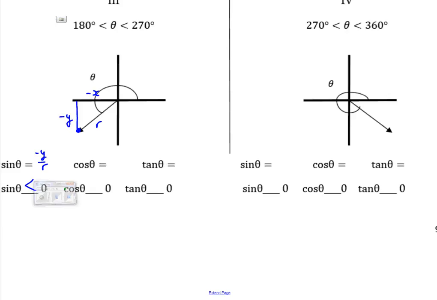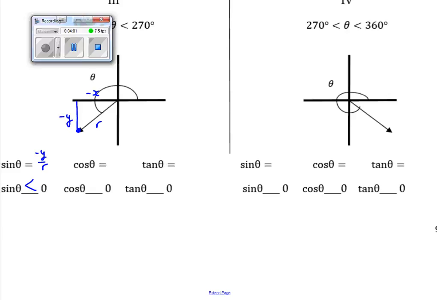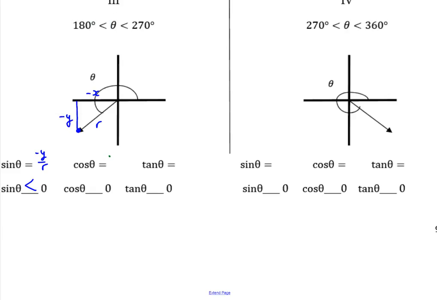Okay, finish off these two. So for cos, you should have had negative x over r, so it would be less than 0 or greater than 0? Less than 0, they're negative. And tan, y over x, what will happen? Positive, because when we have two negatives being divided, it turns into a positive.